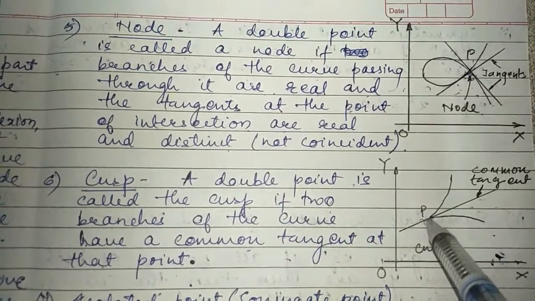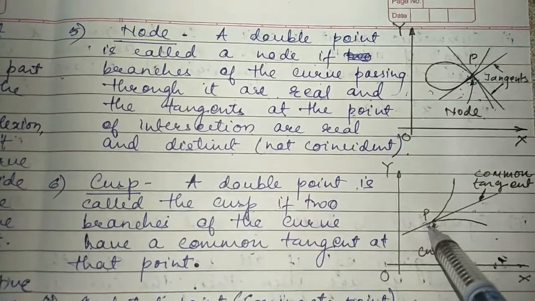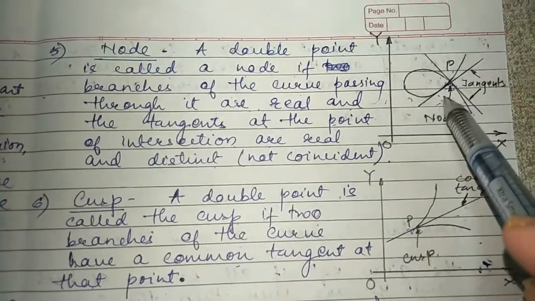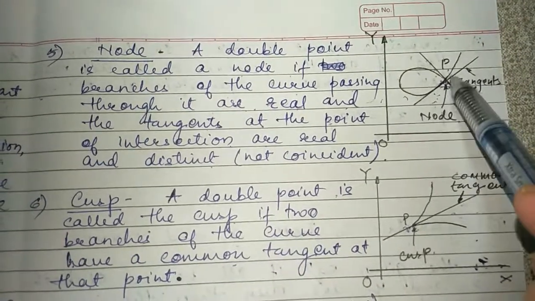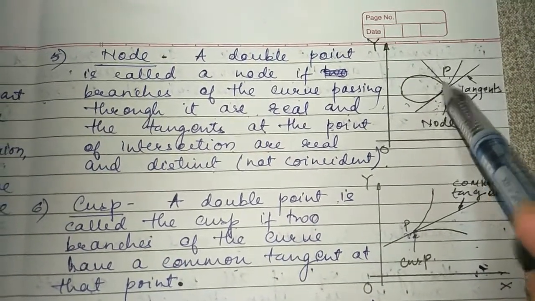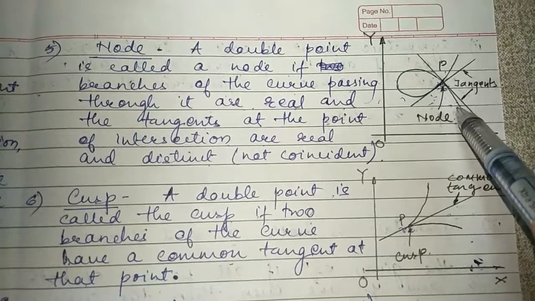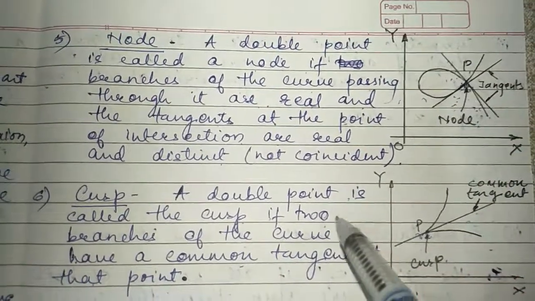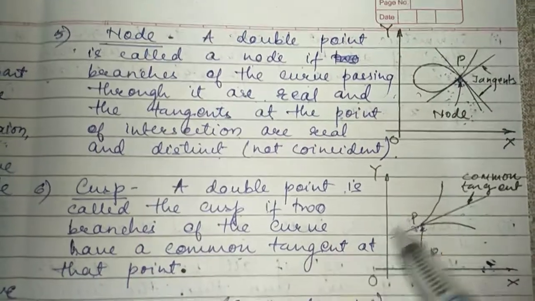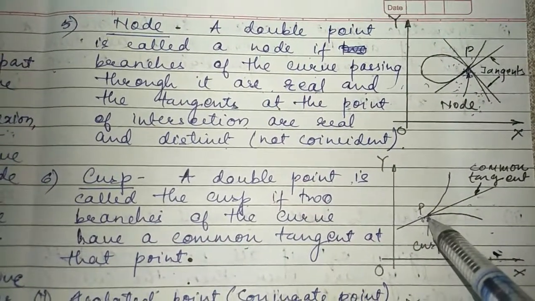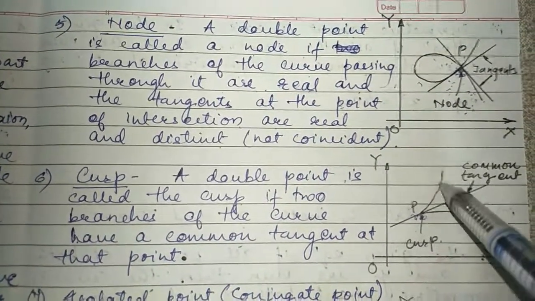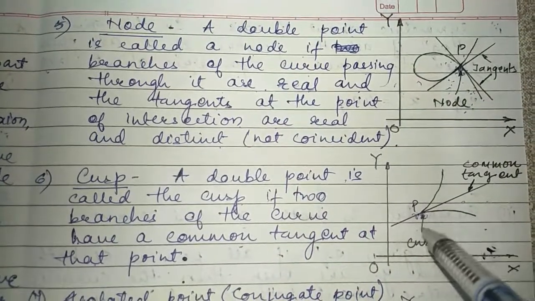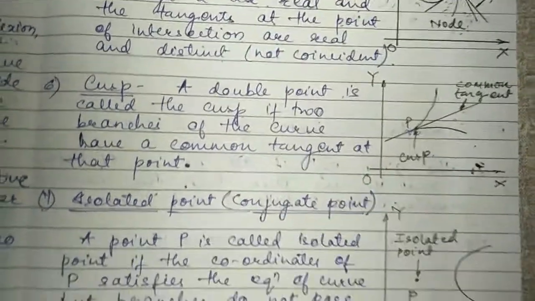Then this is known as the cusp. In case of a node, two branches of the curve pass through the point, but we have distinct and real tangents. That is, we have two different tangents at this point. So it is known as a node. And for a cusp, we have a common tangent for both the branches. It is known as the cusp.